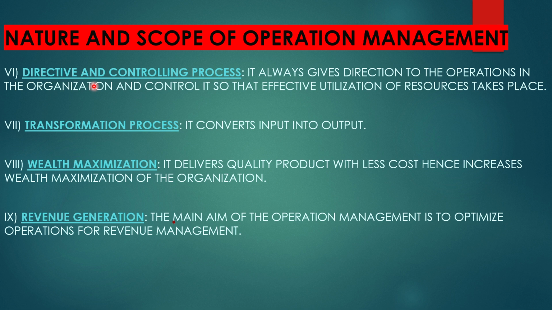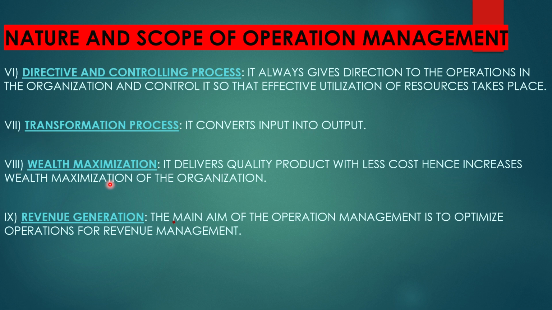It is a directive and controlling process because it gives direction to the operation in the organization and controls it, for effective utilization of resources in an optimum way. Hence, it is a directive and controlling process. Transformation process, because it's actually converting the input into output. Hence, it is a transformation process.